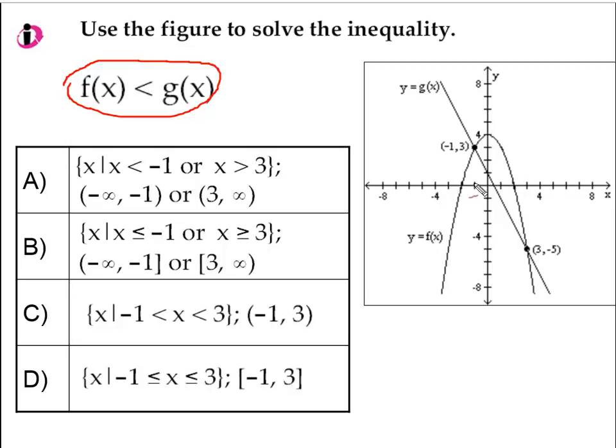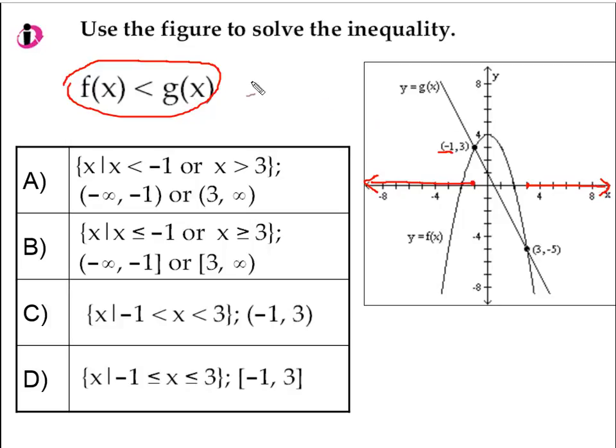So from negative infinity up to -1, that's going to be true. And then from 3, the other point of intersection, out to infinity. And that's going to be our solution set.